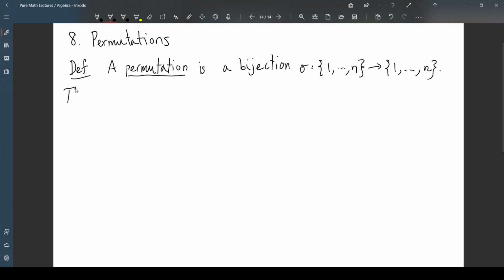So the set S sub n of permutations of n elements.